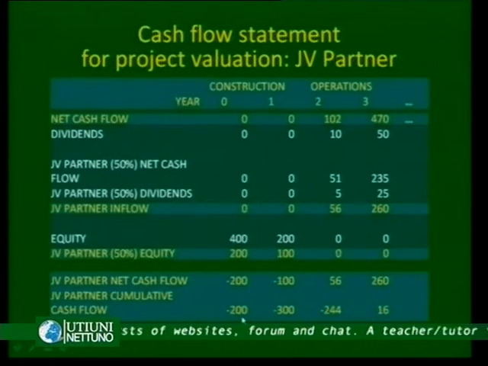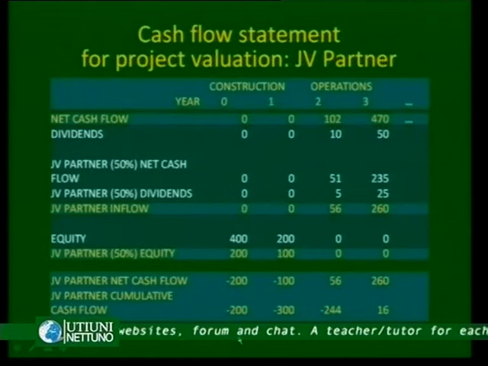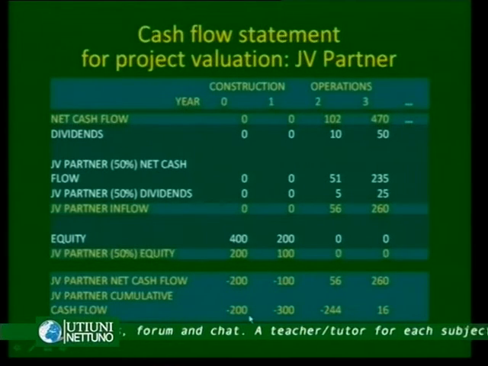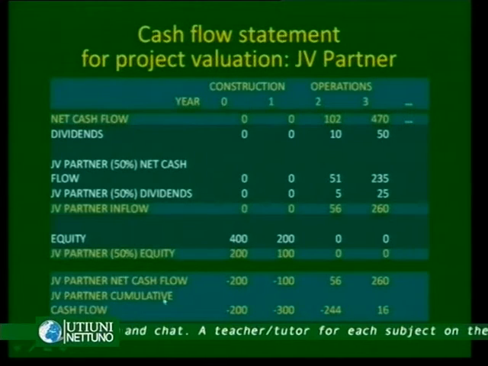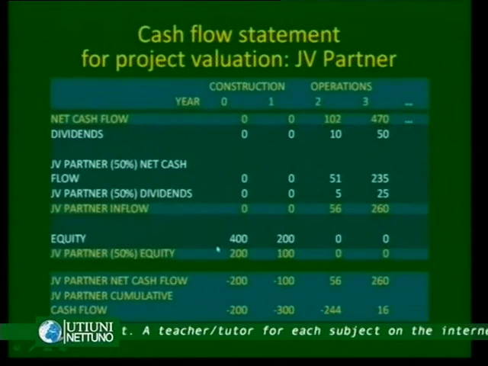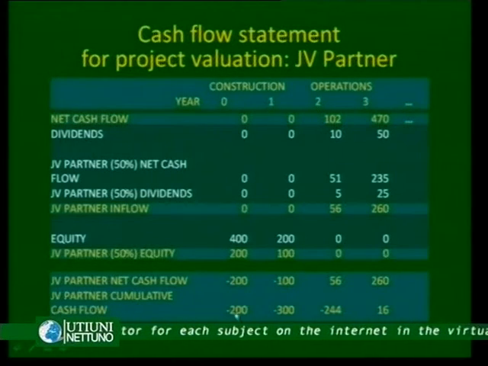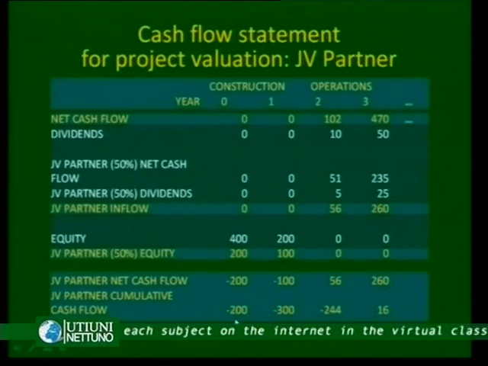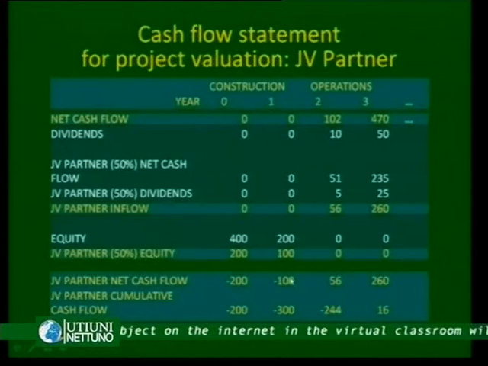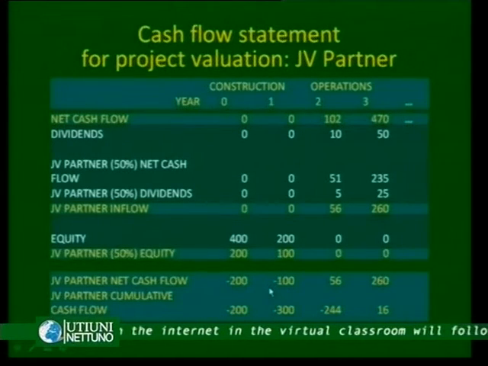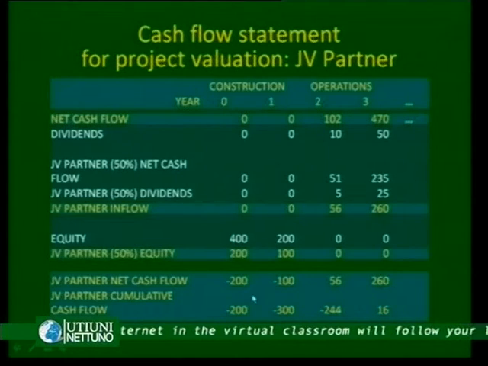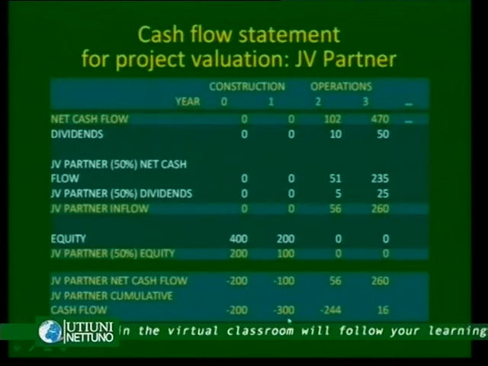And here in the last line, we have the cumulative cash flow for the joint venture partner over the life of the project. We see that the cumulative cash flow is negative until year 2, because here you have minus 200 in year 0, then you have an increased negative cash flow in year 1, so that cumulative cash flow passes from minus 200 to minus 300.